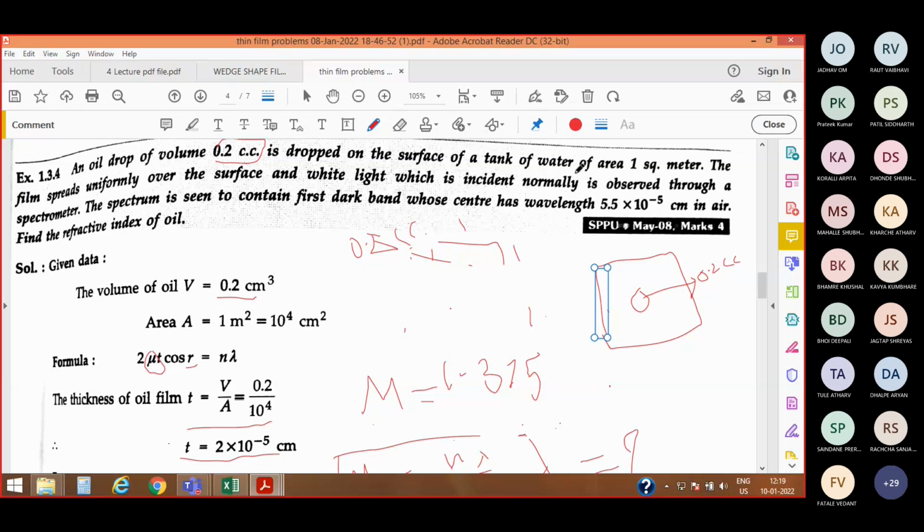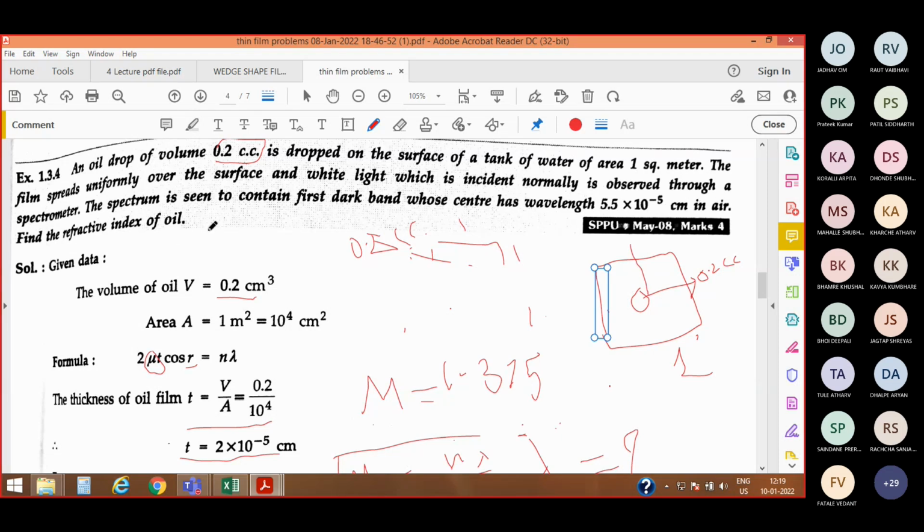Tank of water of area 1 square meter. That is the area of the water tank. The film spread uniformly over a surface and white light, which is incident normally, is observed through a spectrometer.